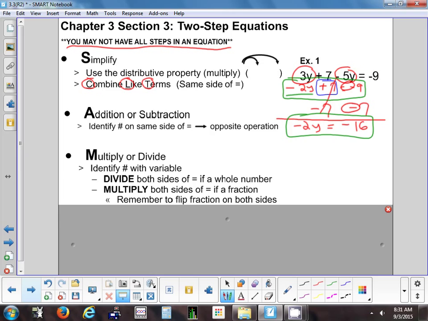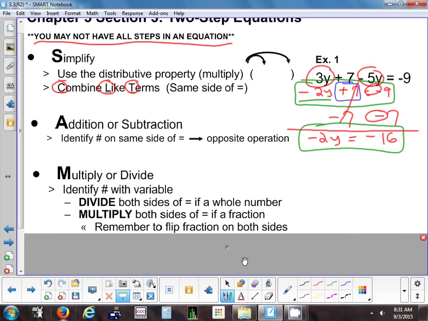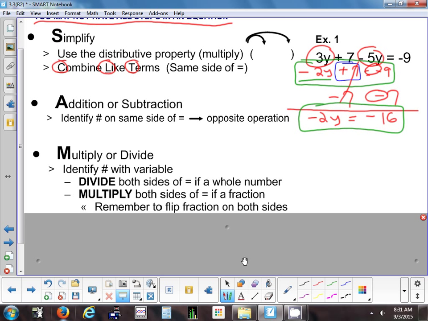We were having a hard time with that last night. I'll give you guys a second to get this down. I'll say it again, guys: when we're doing the fractions, make sure we flip it. We weren't doing that last night.